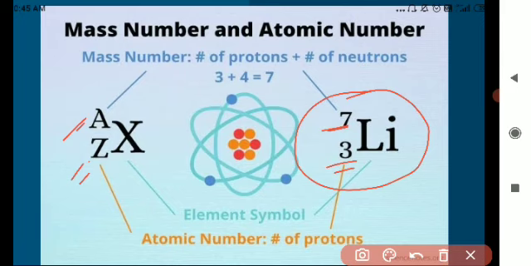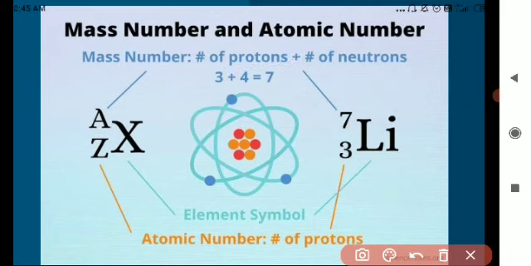I already told you in the first class itself to memorize elements 1 to 20 with atomic number and mass number. Why did I tell you that? So that you can understand in an element or in an atom how many protons, neutrons or electrons are present.